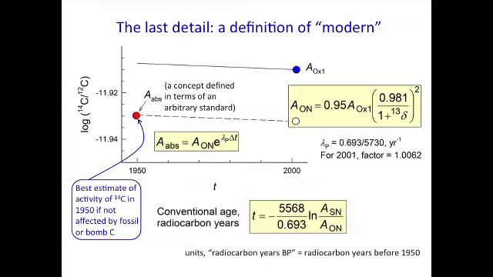And that provides us with our definition for any given measurement of modern, the abundance of carbon-14 in 1950. And we use that normalized oxalic acid number and compare it to our normalized sample number, and we get the now up-to-date and currently defined radiocarbon age.